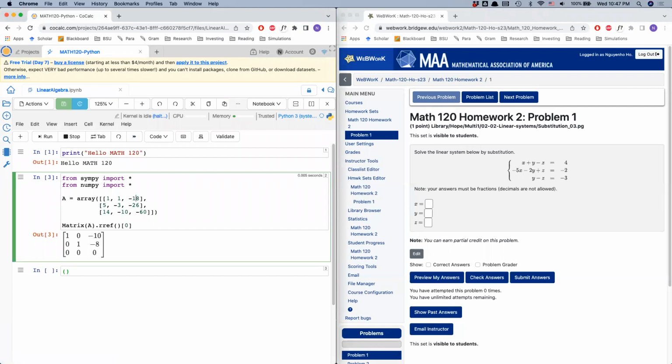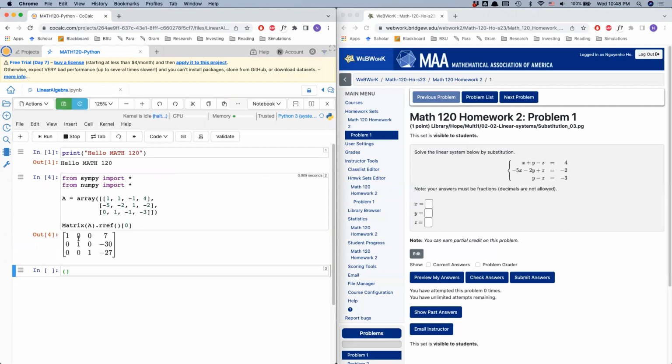The first row is 1, 1, negative 1, positive 4. The second row is negative 5, negative 2, positive 1, and negative 2. The third equation yields 0, positive 1, negative 1, and negative 3. And you get the reduced row echelon form.